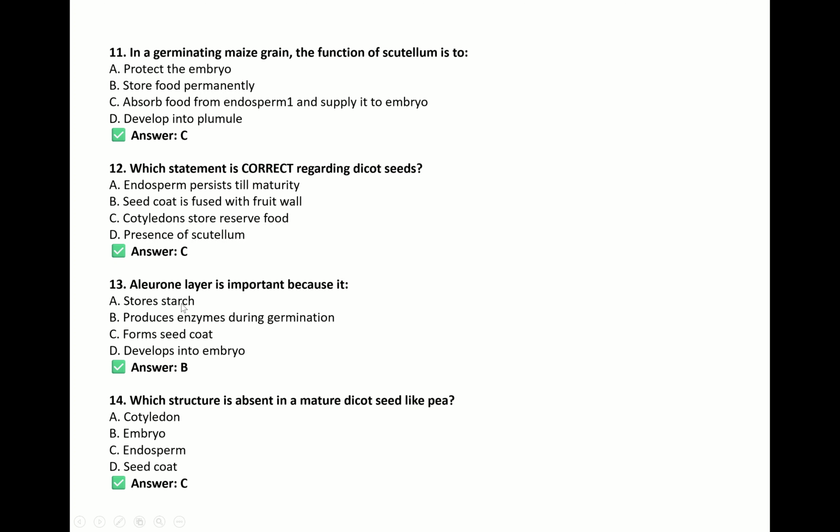I have mentioned in the lecture that it is a proteinaceous layer which surrounds the endosperm. So you know the function of endosperm, it helps in the germination process. What does this aleurone layer do? It produces enzymes during the germination process. So it also has an important role in the germination of seedlings.